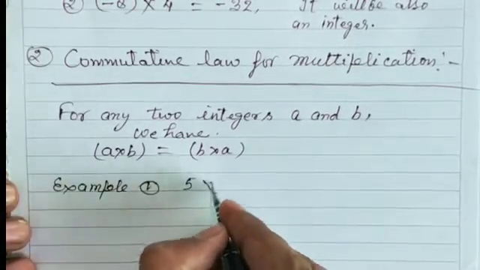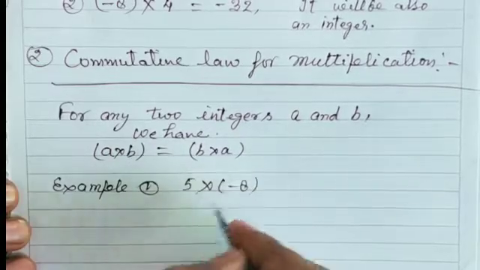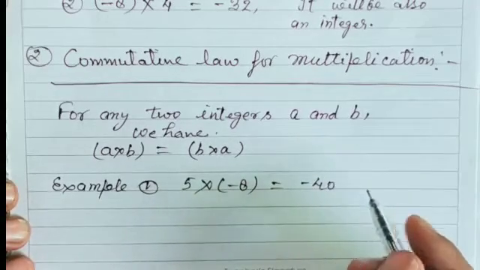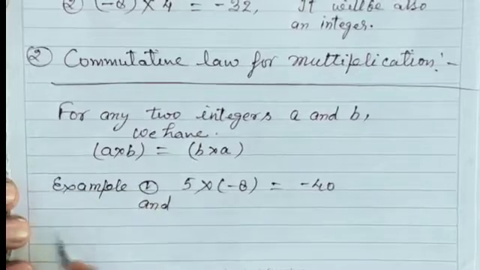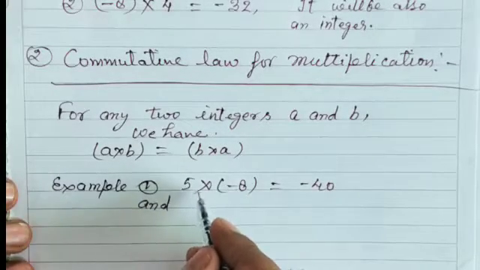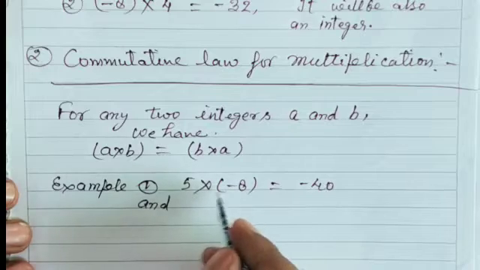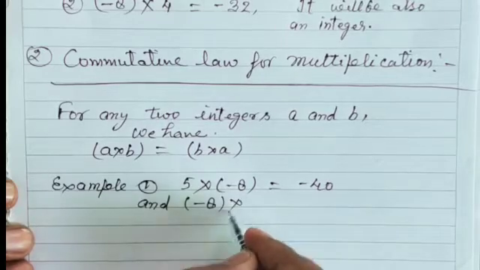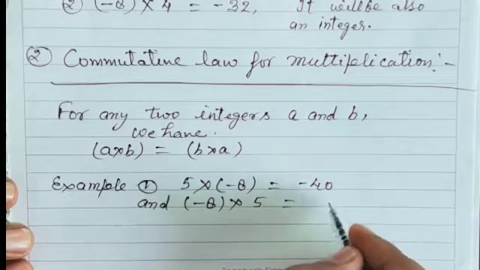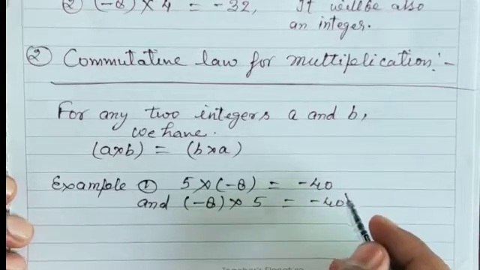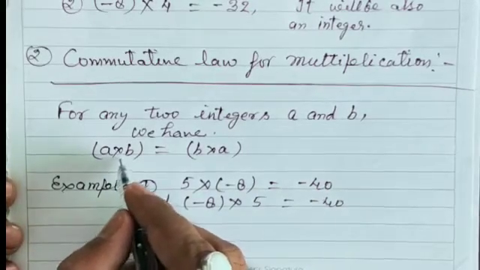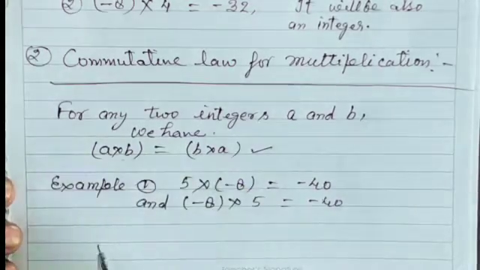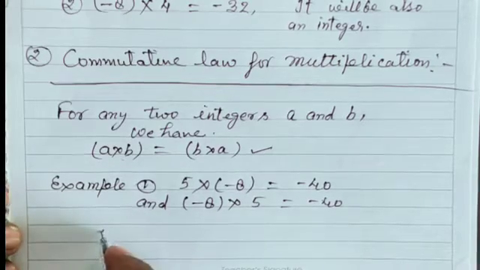Okay, we can check in one example. Suppose that we have 5 and multiply it by -8. What will be equal? -40, everybody knows. And we can place these numbers by each other: we take -8 and another 5, then also it will equal -40. So it means this property is okay, that means LHS is equal to RHS. We can take another example also.